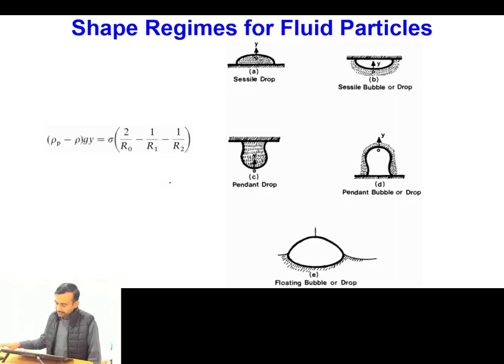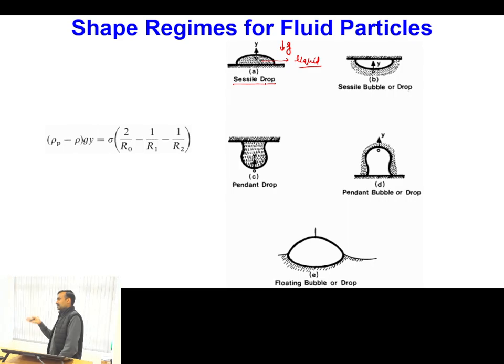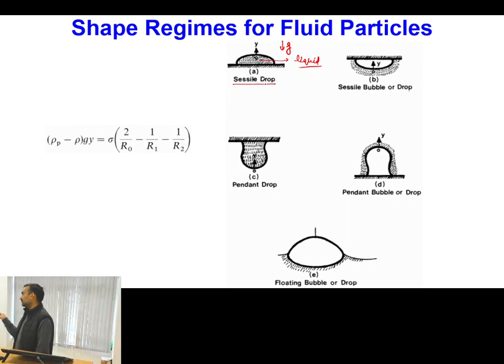If I have a solid surface with gravity acting in this direction, and on this surface I drop a liquid volume of smaller size, it will take this particular shape, which is known as a sessile drop. A droplet of liquid resting on a solid surface is called a sessile droplet.